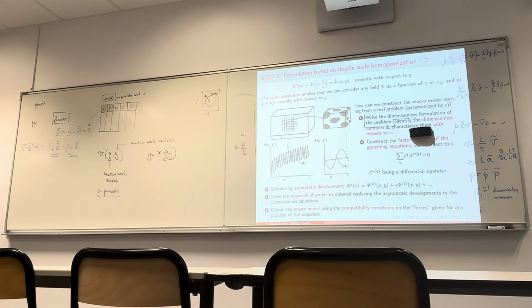This equation is still dimensional, because although it involves dimensionless quantities, the physical dimension of the equation is still that of a pressure by a length.